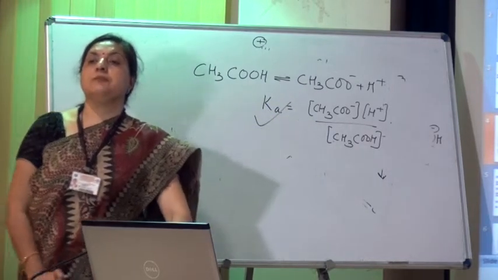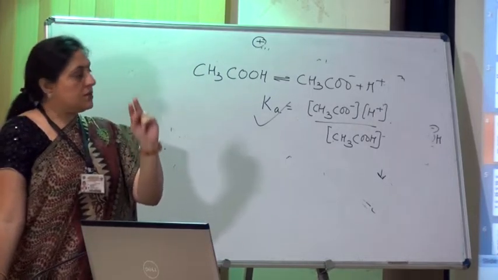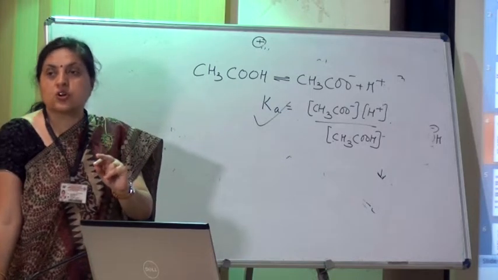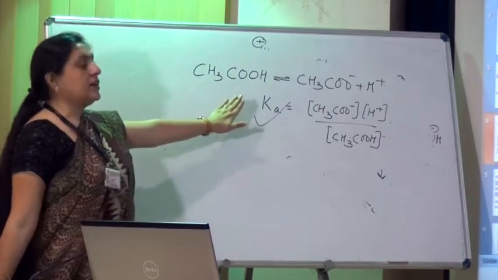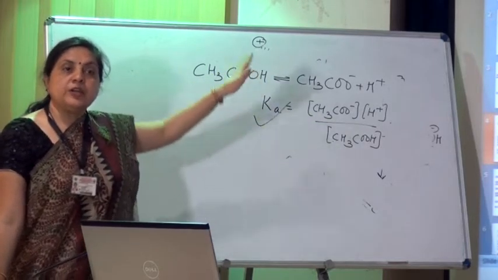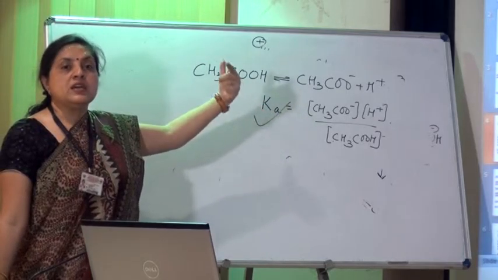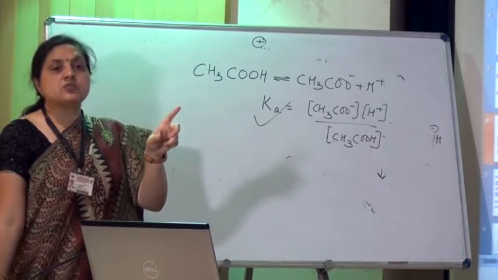That is, if we are comparing two acids, the acid with the higher value of Ka will be the stronger acid. Any factor which helps ionize this acid more easily, or increases its rate of dissociation, will make it a stronger acid.